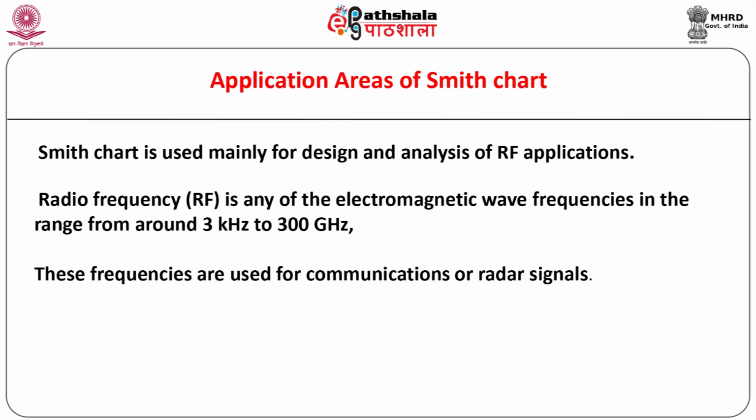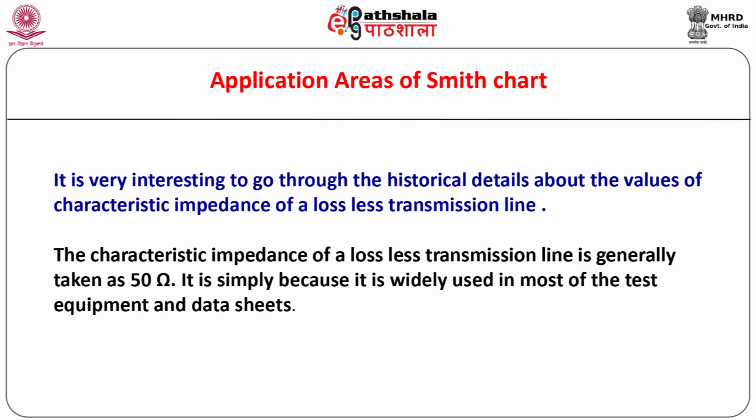These frequencies are used for communication and radar signals. You will observe that in most of the numerical problems documented in textbooks and literature, the characteristic impedance of a lossless transmission line is generally taken as 50 ohm. It is simply because it is widely used in most of the test equipment and data sheets.